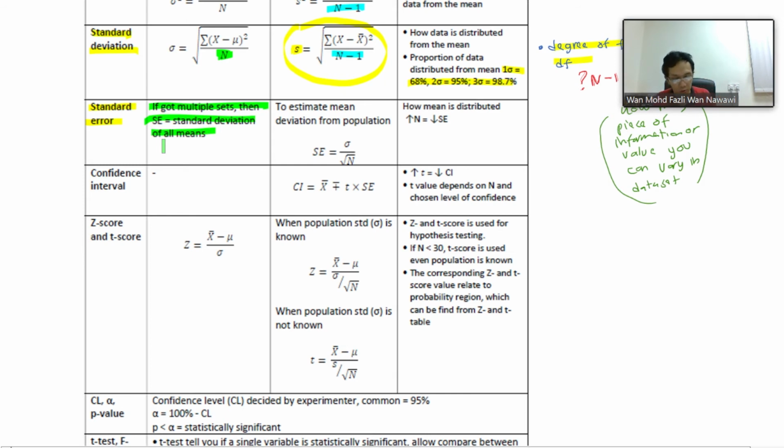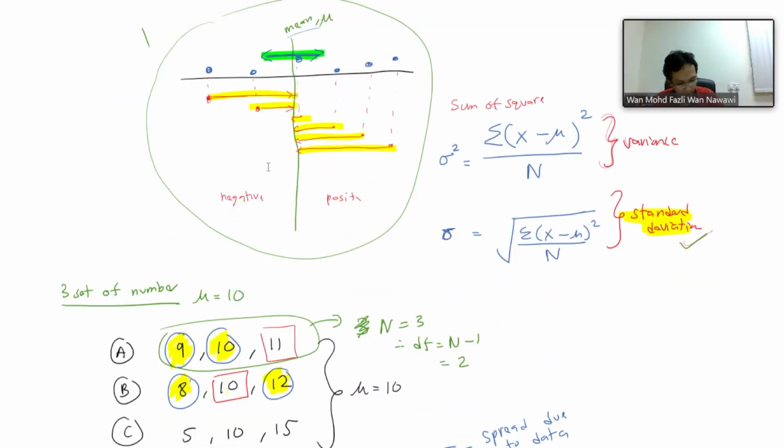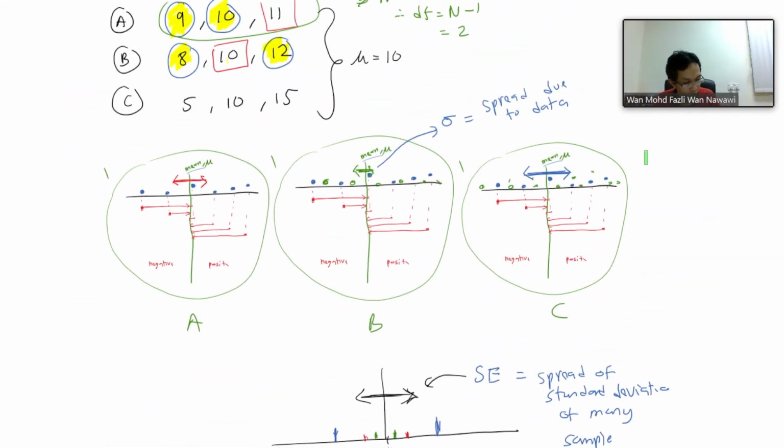Let's say the population is known, a small population, for example the class. You want to see the students' scores in the exam, and you have class A, class B, class C. Let's say this is the student score.